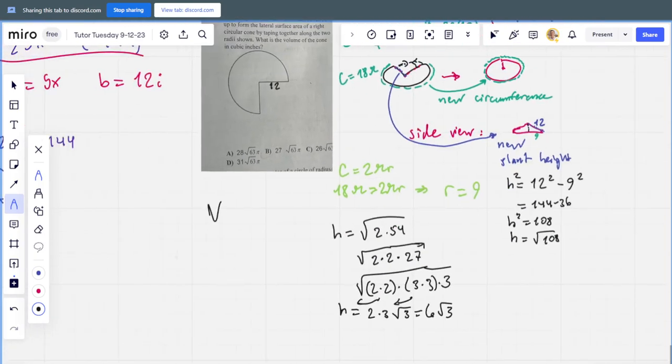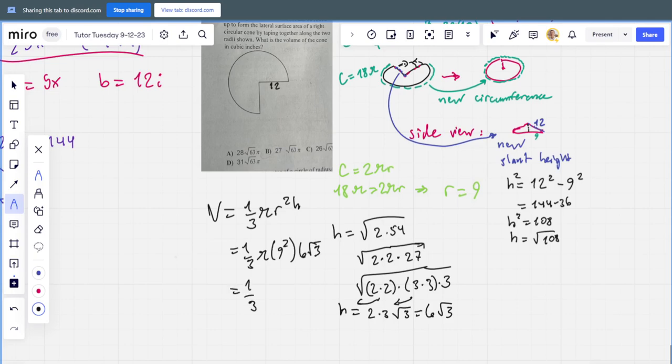Finally, volume. I'm pretty sure volume of a cone is 1/3 pi r squared h. 1/3 pi, radius was 9 squared, and height was 6 root 3.